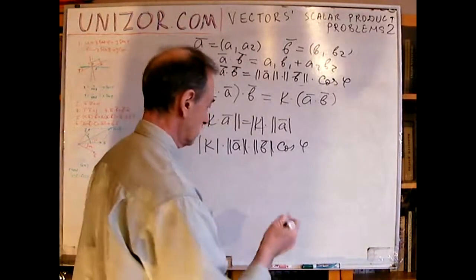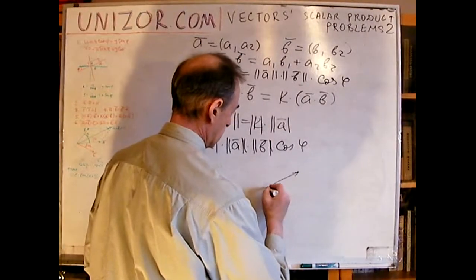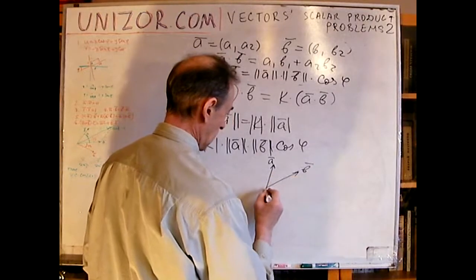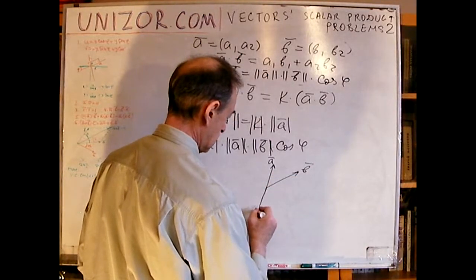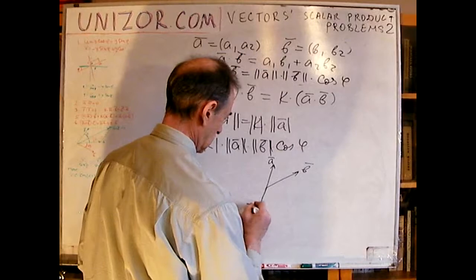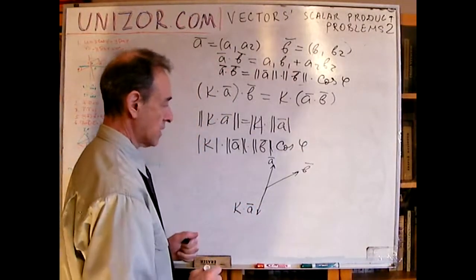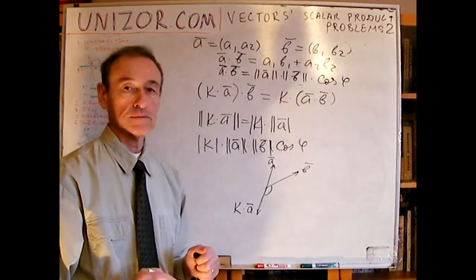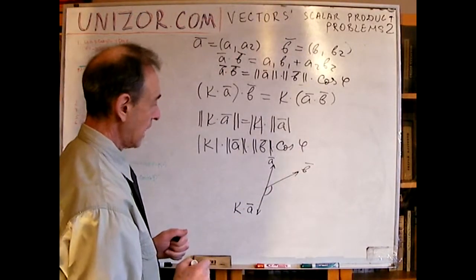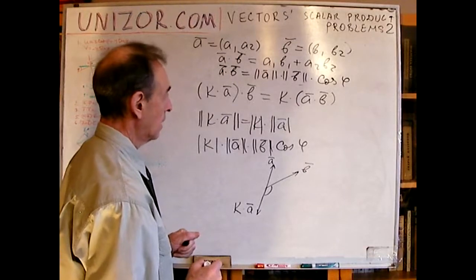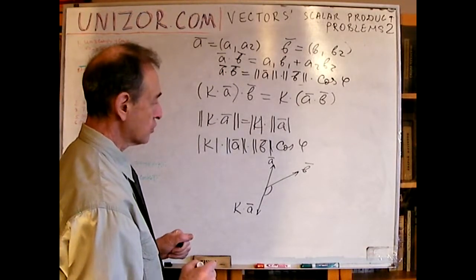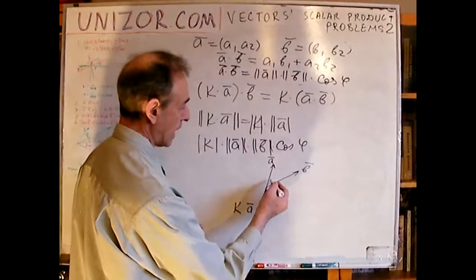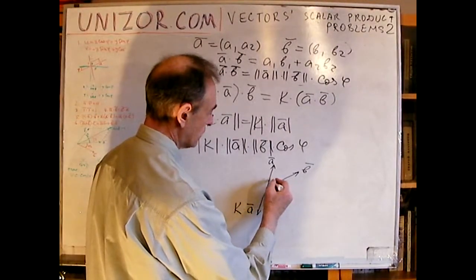the angle, if this is what used to be a and b, and now this is a times k, for k negative, then the angle is this one, right? So the angle is changed. The direction is changed to the opposite, so the angle is changed to 180 minus phi, if this is phi.